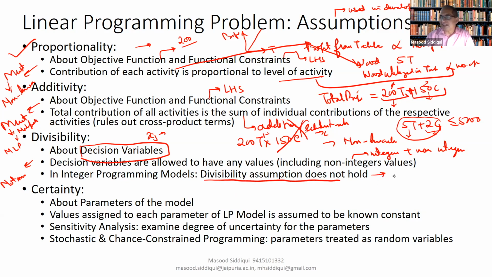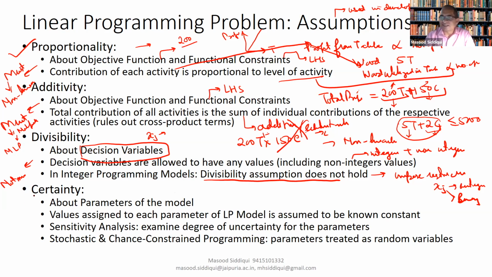In that case we impose the restriction that xj can take only integer values, or they can have only binary values. In that case the divisibility condition has not been employed in the full sense. But even then, our model remains LPP. So integer programming is a part of LPP only.